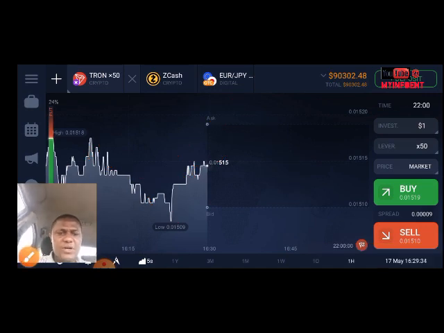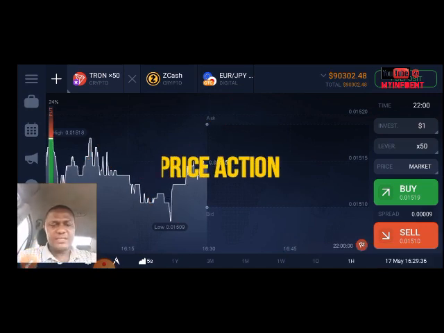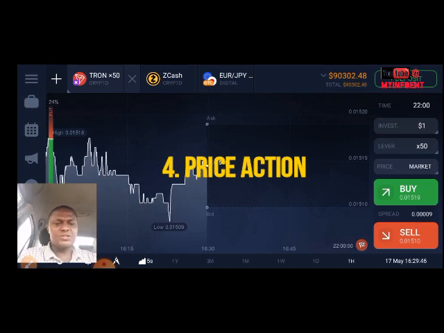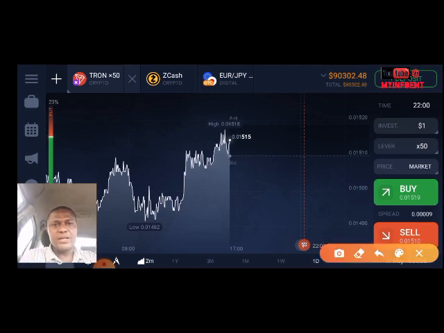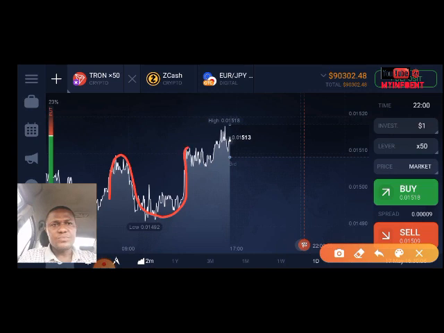Then number four is price action. What is price action? Price action is just the action of price. It describes the way a market moves, including its trend and key support and resistance levels. You understand? So price action is just the pattern the price made.